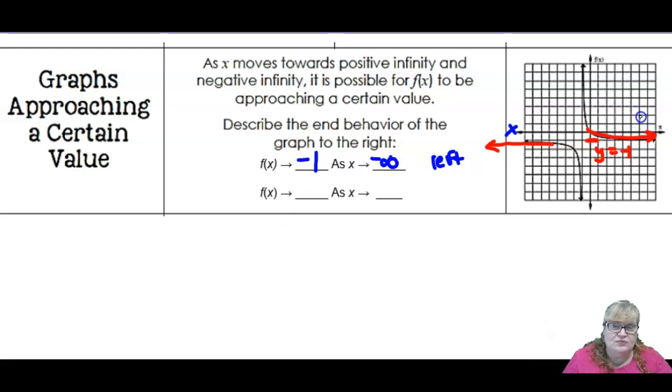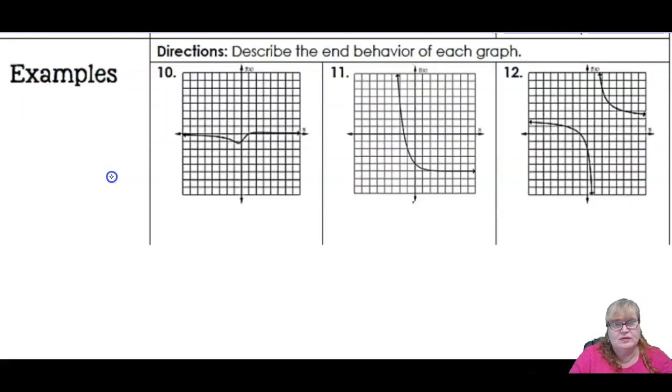If we want to say to the right, we say x is getting bigger and bigger as we go to the right, but the y value is staying very, very close to -1. So it is possible for a graph to simply approach what's called a horizontal asymptote, or a single value.